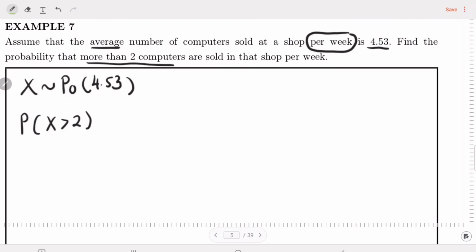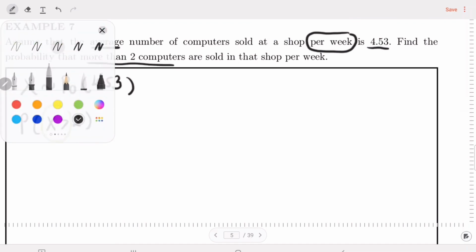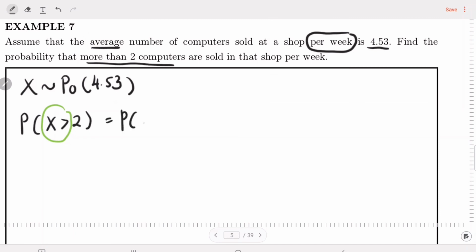So in order to use the Poisson table, I need to change it into X greater than or equal to, so the integers greater than 2, starting from 3 and above. After I change it, I'm going to take a look at the Poisson table when lambda equal to 4.53 and r equal to 3.